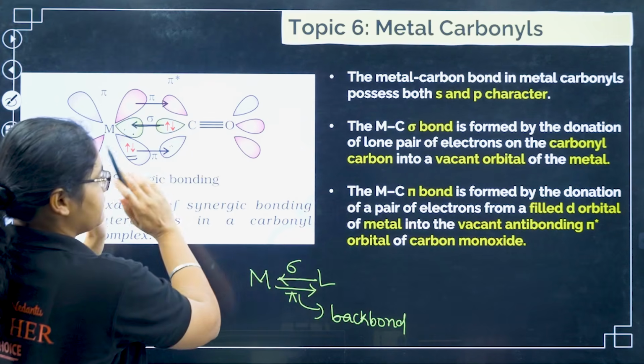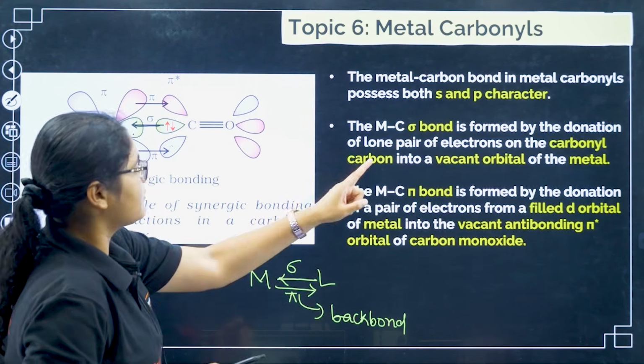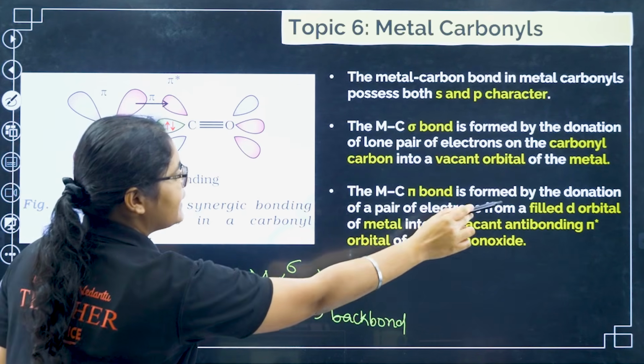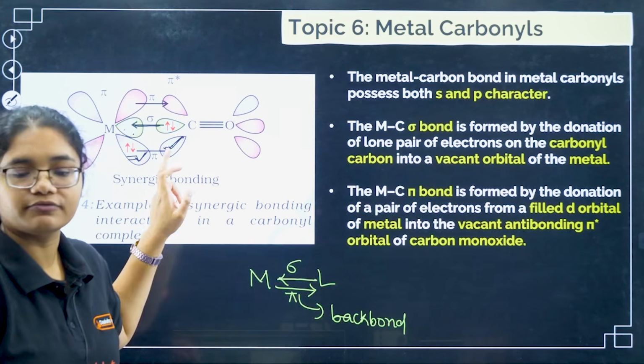The back bonding is formed by donation of a pair of electrons from the filled d orbital of the metal to the vacant anti-bonding orbital of the ligand.